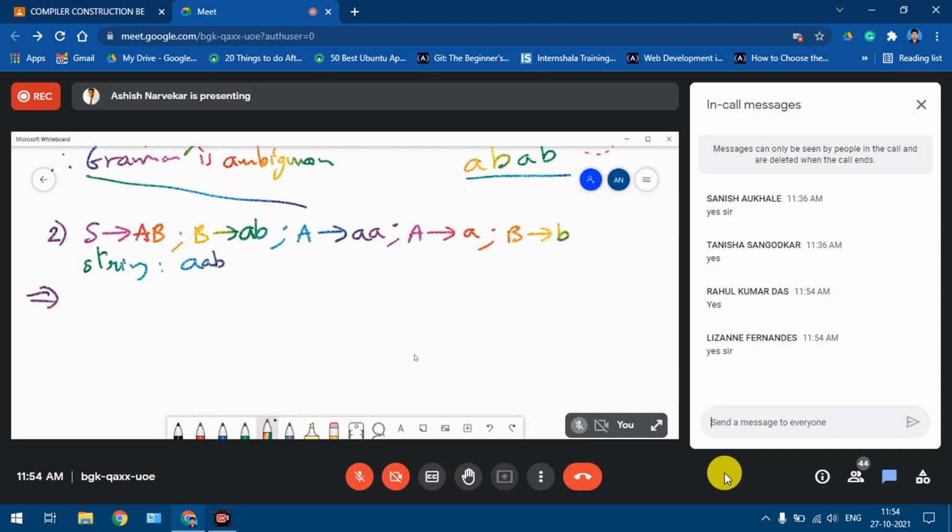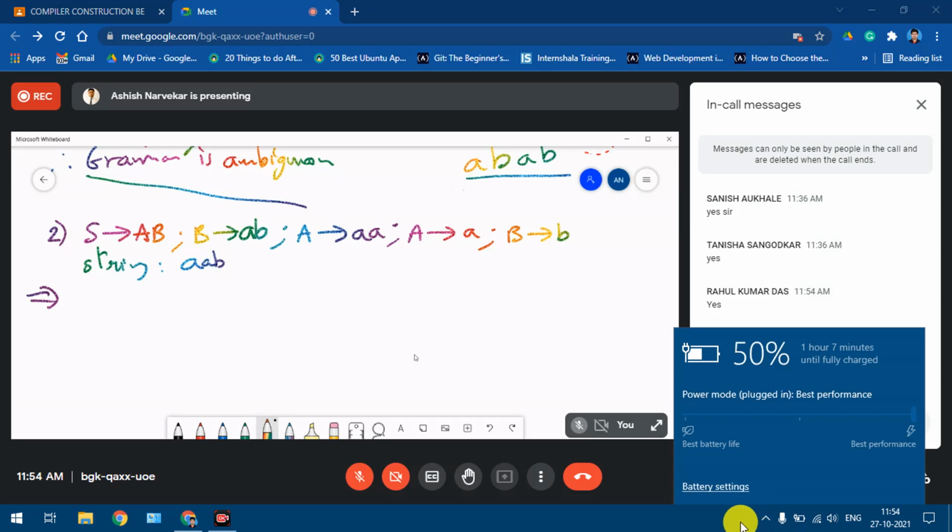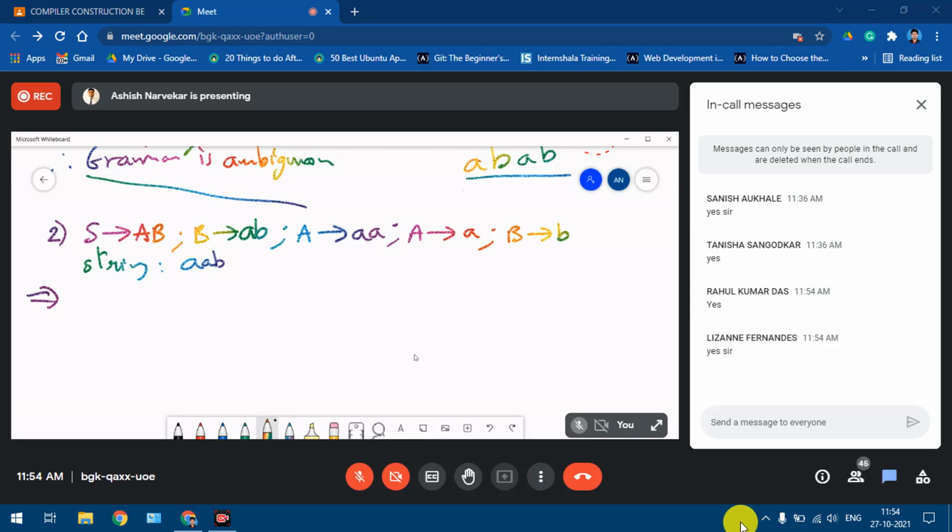Now in this particular case, to check whether the grammar is ambiguous or not, this is the only way: try generating parse trees. If you get two or more parse trees, or two or more leftmost or two or more rightmost derivations, then that means the grammar is ambiguous. So we have to generate the string AAB, right?